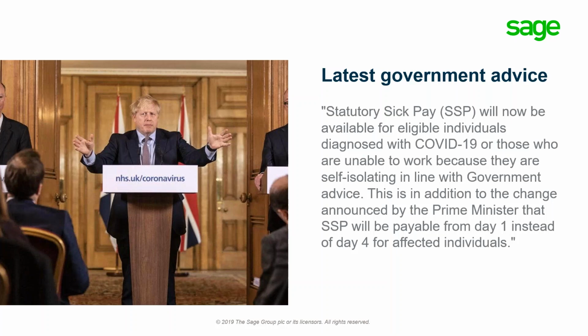So they don't necessarily have to have symptoms of COVID-19. If someone they live with has symptoms, the entire household do need to self-isolate for 14 days. So in that scenario, the employee is eligible for statutory sick pay, assuming they meet the other qualifying conditions. For example, their average earnings are more than £118.